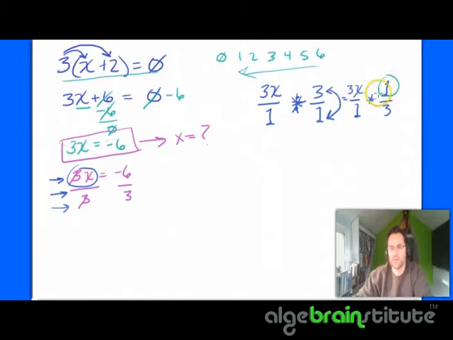So 3x times 1 is what? 3x. 1 times 3 is going to be 3. So we end up with 3x over 3, which is what we were saying right here, how we would cross cancel that.